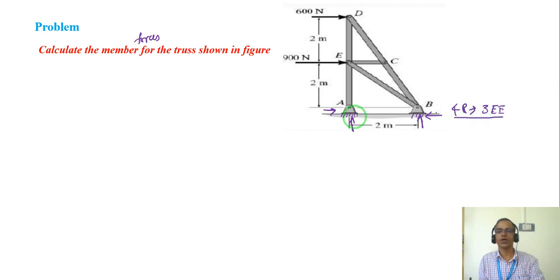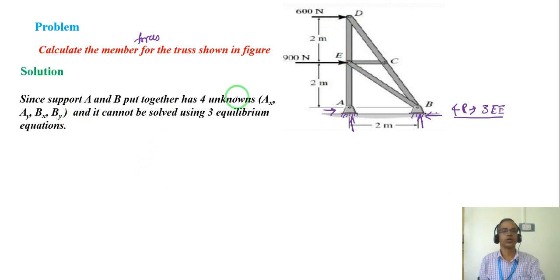Therefore, I should not start by finding these reaction forces. For cantilever trusses, start with this end joint D. Support A and B put together have 4 unknowns, 4 reactions, which cannot be solved using 3 equilibrium equations. That is why I start with joint D.